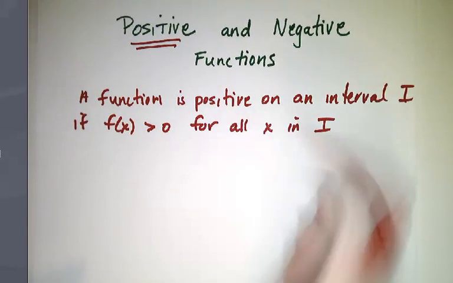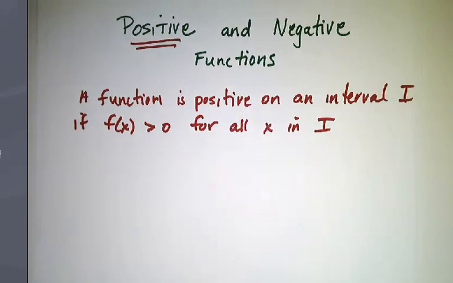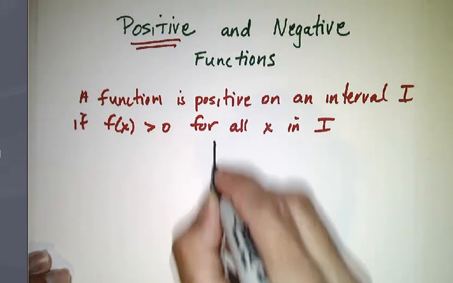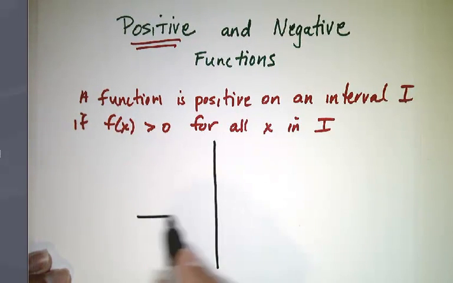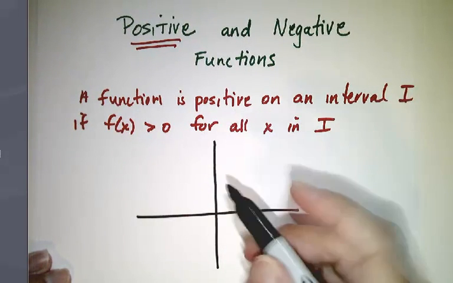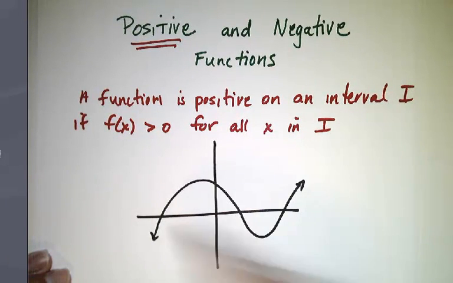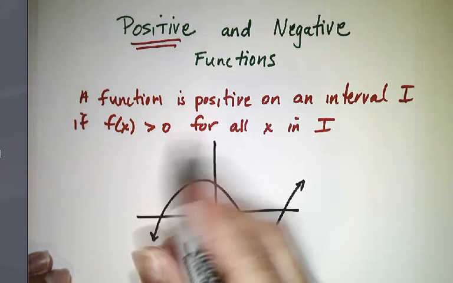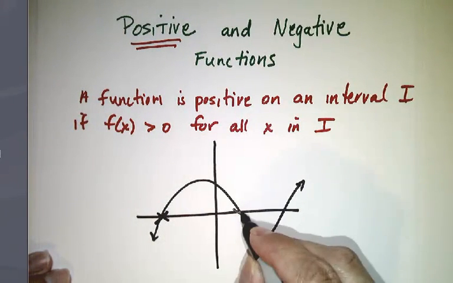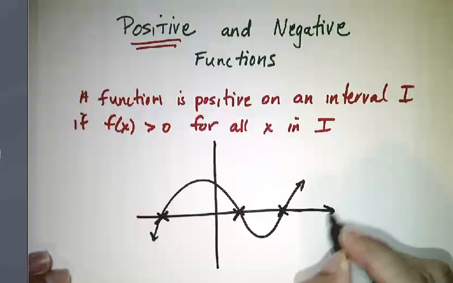Well, let's draw a picture of a graph and see if we can talk about where f of x is positive on this particular graph. Okay, to start with, you should train your eye to find some very important points: the places where the graph crosses the x-axis.